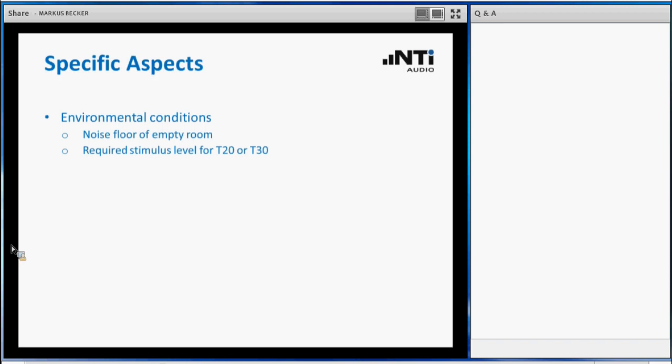However, still there will be some noise around in any room, so this noise floor gives you the base for evaluating the required sound level of the stimulus signal. And the difference of what is achievable from the noise floor to the maximum level you can create allows you to decide whether only a T20 measurement can be executed or whether you can do a T30 acquisition.